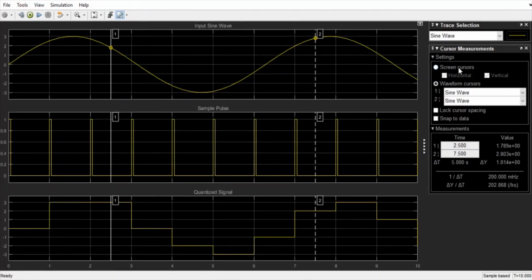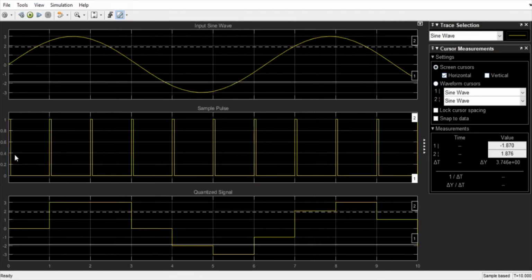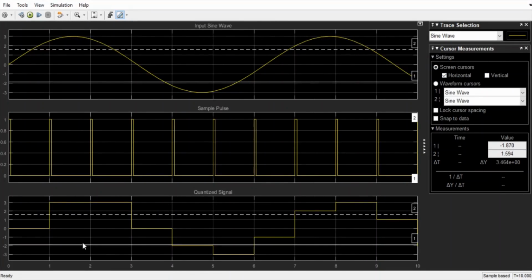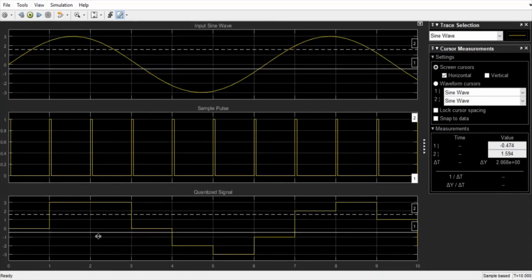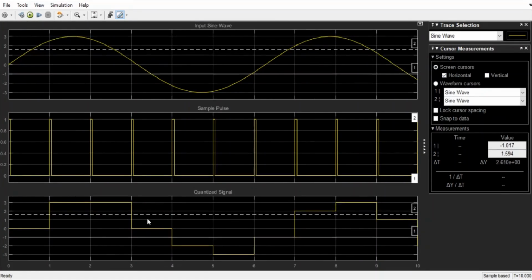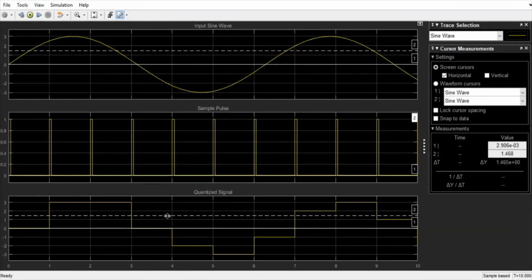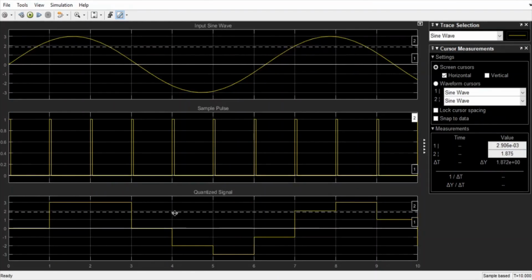It's better to use the horizontal cursor instead of the vertical one, because you want to read the value here and also the value for the quantized signal. We have two cursors here, 1 and 2. I decide to use the first cursor to read the sine wave, and the second one to read the quantized signal.